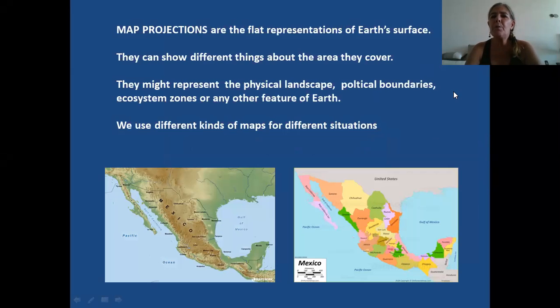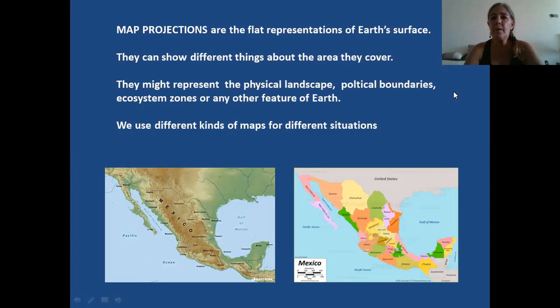That means that map projections are going to show any place on Earth in a flat form and not like a sphere, okay? So map projections can show different things about the area they cover. They might represent the physical landscape, political boundaries, ecosystem zones, or any other feature of Earth. So we use different kinds of maps for different situations.